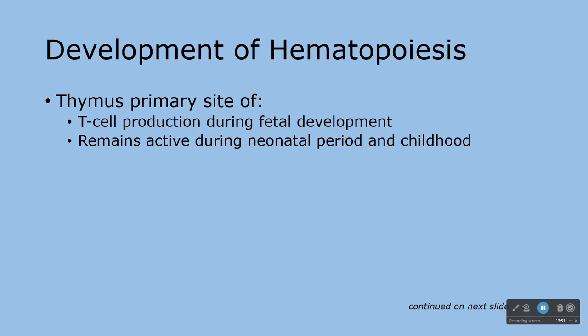T cells play the role in our immunity. It's cell-mediated immunity, the T4 and the T8. Yes. And so it has to have them because it still can be infected. It can still have foreign bodies come into it, even though it is in development in the womb.